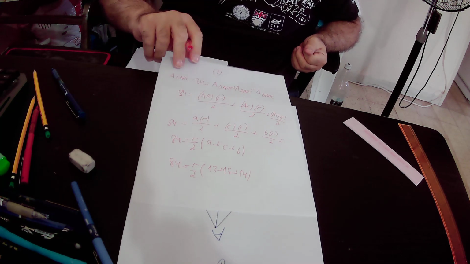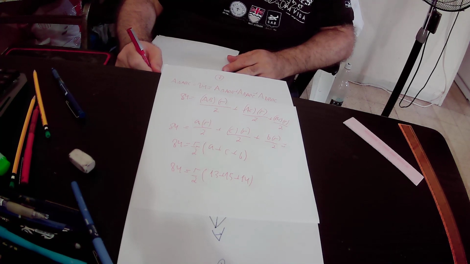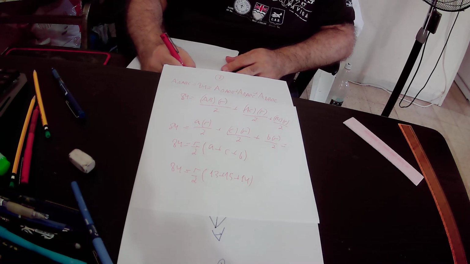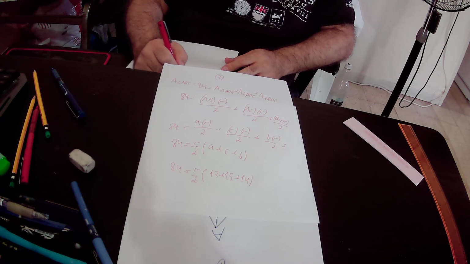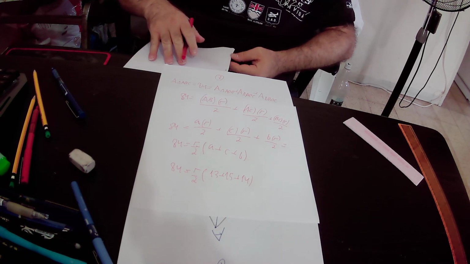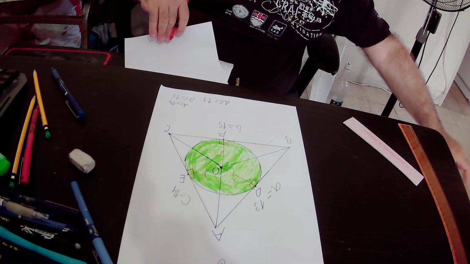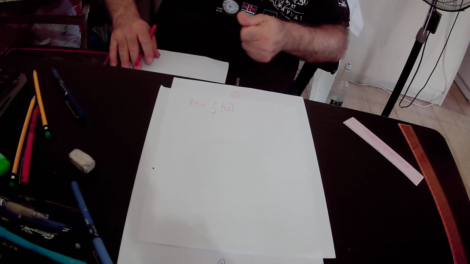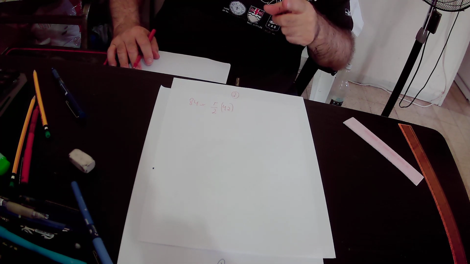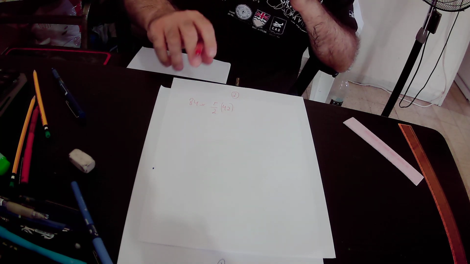So I write it down. We got that 84 equals R over 2 times 42, and 42 over 2 is 21.